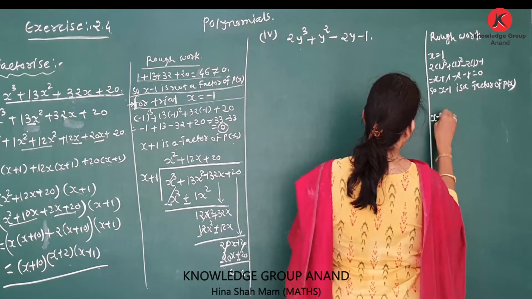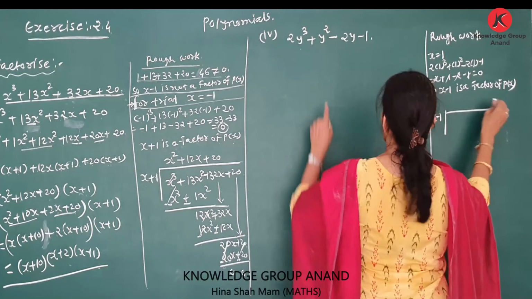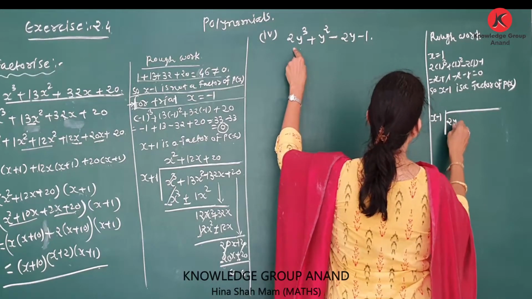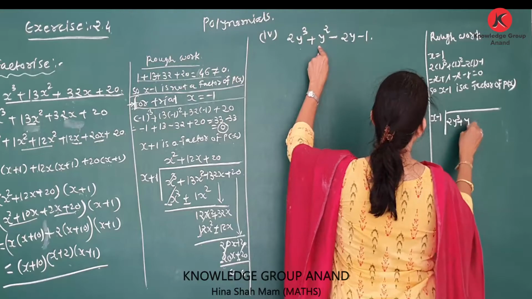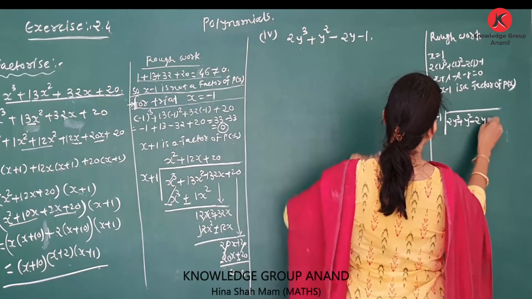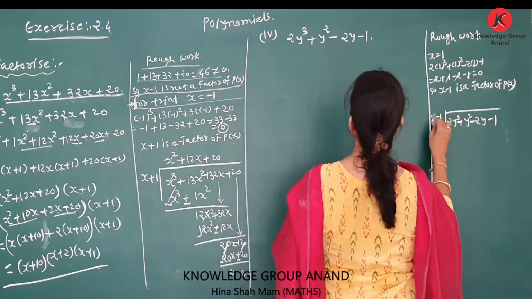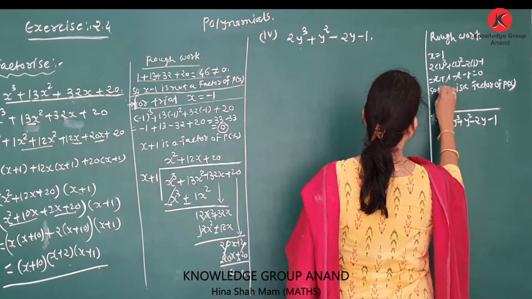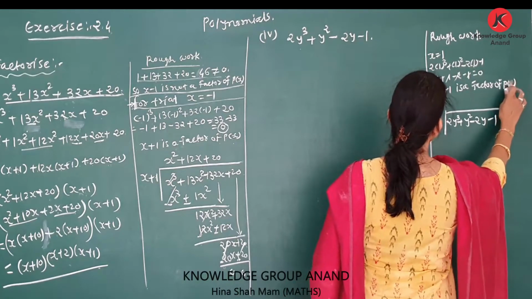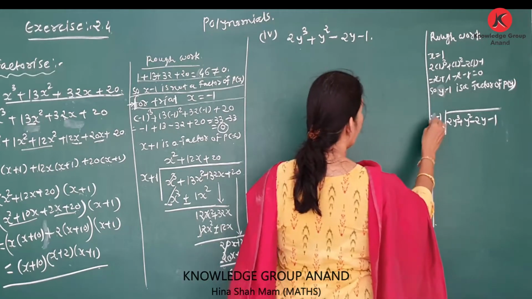Divide the polynomial by x minus 1. The polynomial is 2y cube plus y square minus 2y minus 1. Here our variable is y, therefore y minus 1 is a factor of p(y).